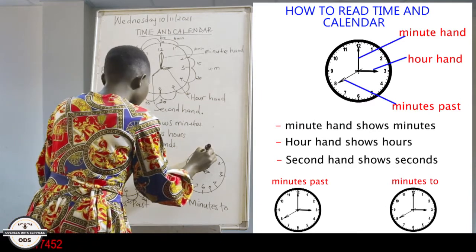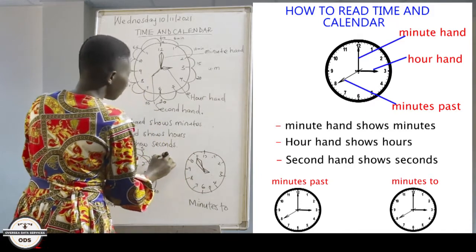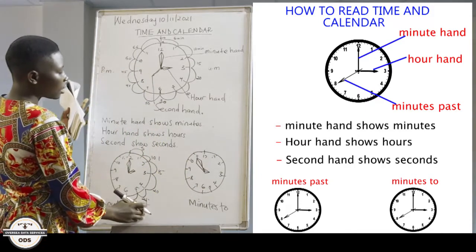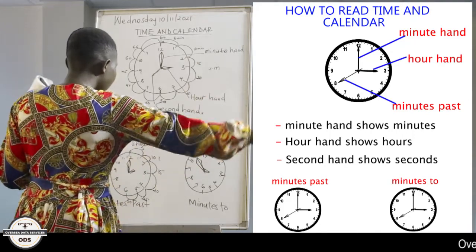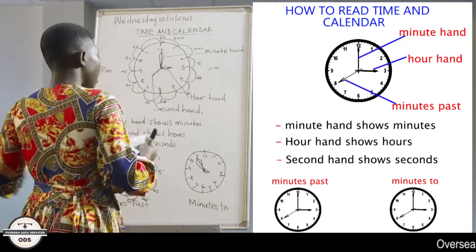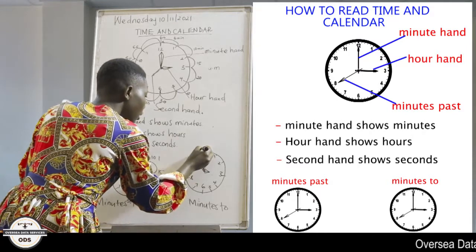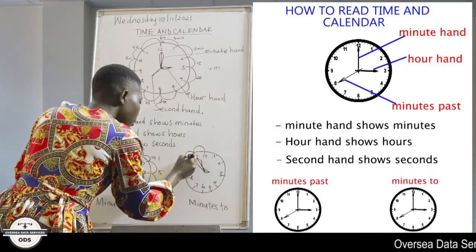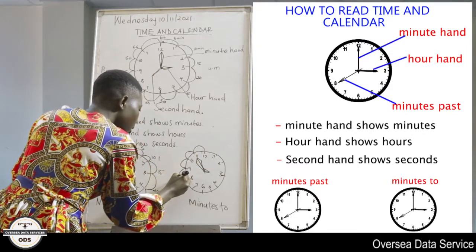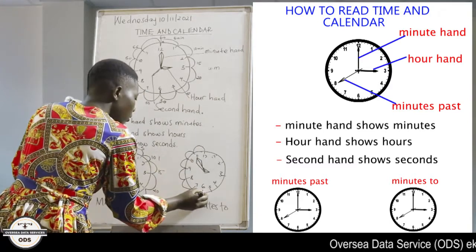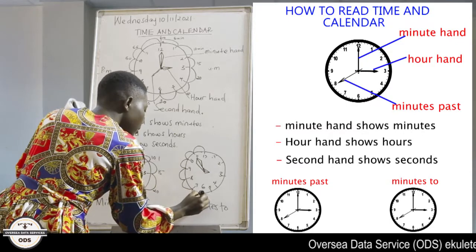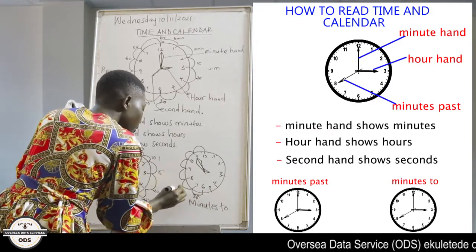Then this side we are using minutes past. But this side here, this is our right hand, and we have our left hand now. Our left hand, it is here. Here is 35.